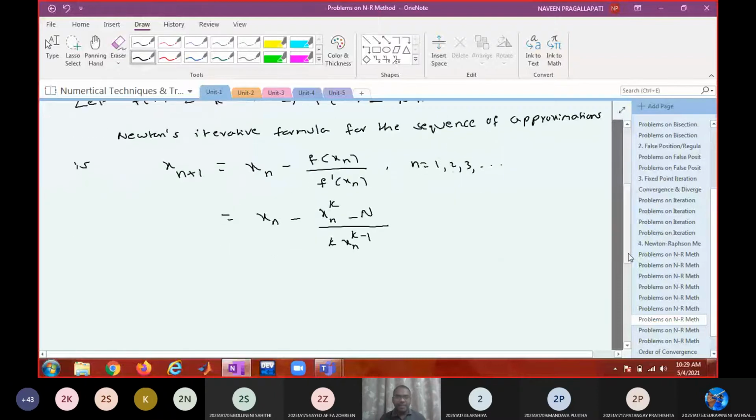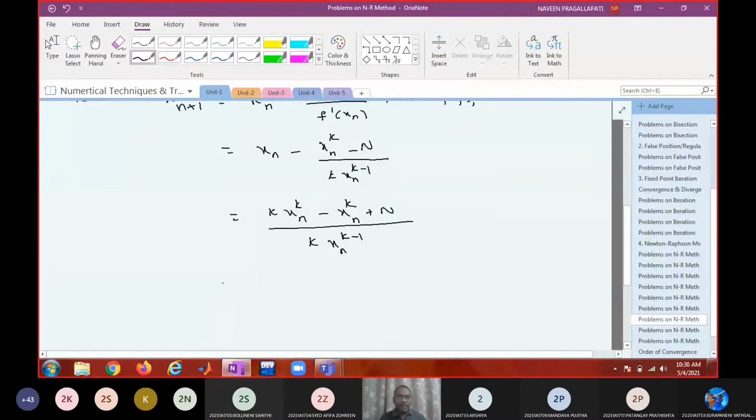Okay. So simplify this. So this is xn minus xn power k minus n, divided by k xn power k minus 1. Am I right? So if I take xn power k common, it is going to be k minus 1 into xn power k plus n, by k into xn power k minus 1.